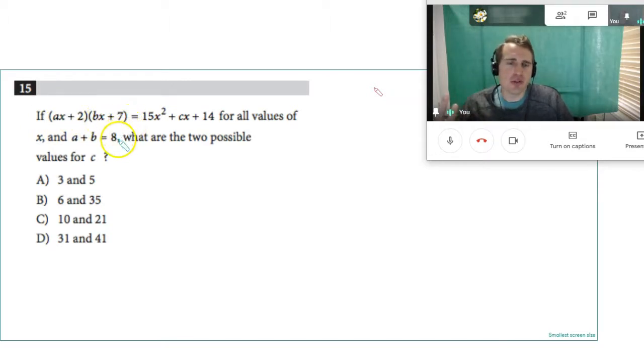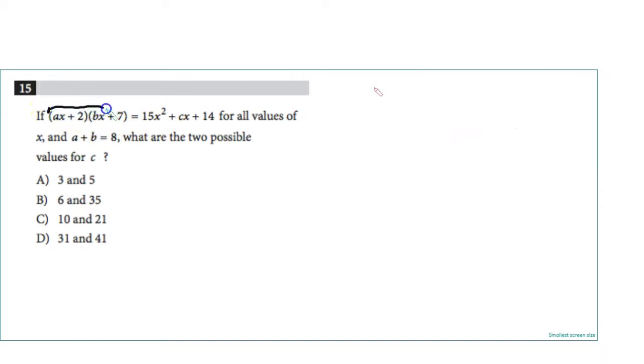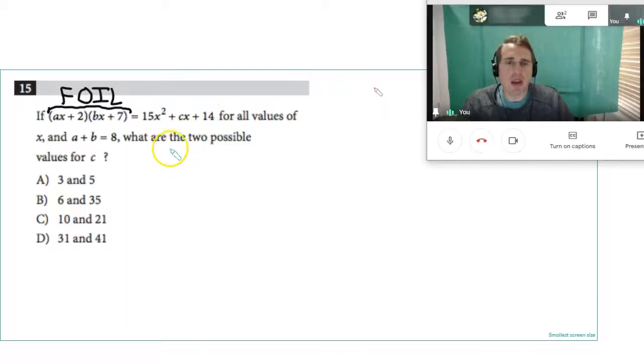If you were to use something that you learned in algebra, what would you do if you multiplied these binomials out? Yeah, you'd FOIL those out, right? Now, by the way, just let your brain go to multiplying it out. It's going to give you a quadratic term, that's an x squared, a linear term, that's an x, and then a constant term.